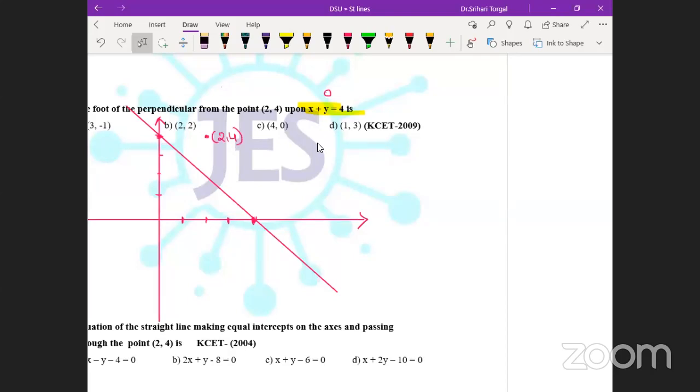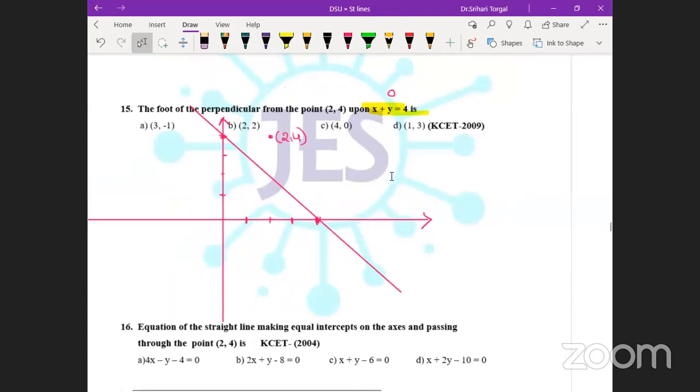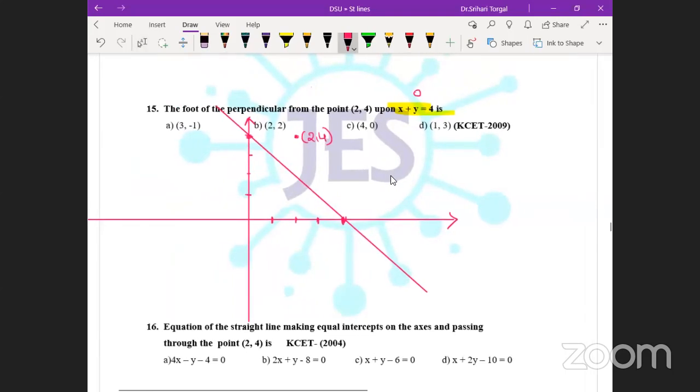Now, let me check with the options. (3, -1): where is this point? (3, -1) is not on the line at all. The foot must lie on the line, so this will not satisfy. (2, 2) satisfies the equation. (4, 0) also satisfies. (1, 3) also satisfies.